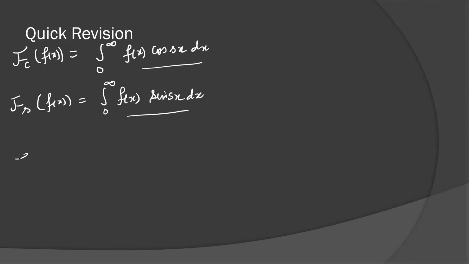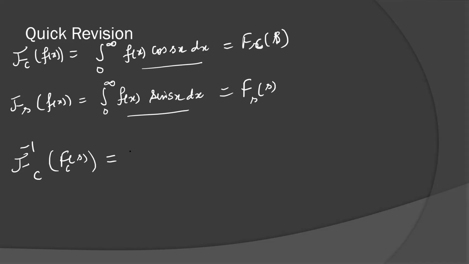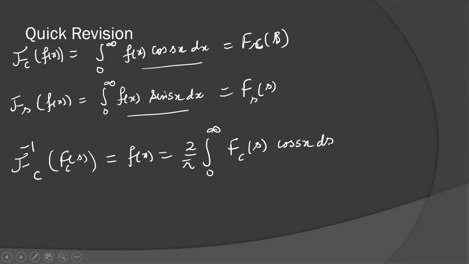Okay, what about the inverse? For the inverse Fourier cosine transformation, I am using F_c(s) for the cosine transformation and F_s(s) for the sine transformation. So for the cosine inverse, f(x) is equal to 2 over pi times the integral from 0 to infinity of F_c(s) cos sx ds.